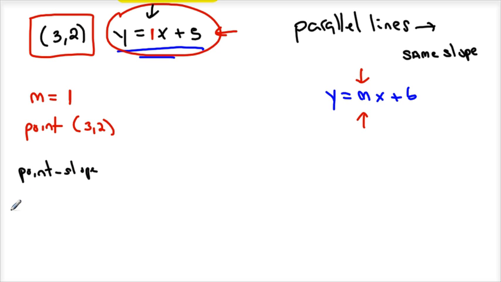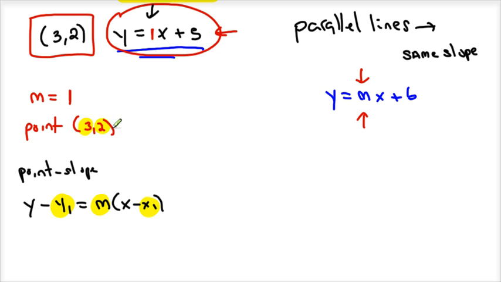So what is the point-slope form of an equation? y minus y sub 1 equals m times the quantity x minus x sub 1. Excellent. In this case, I'm going to plug in for y1, x1, and my slope m.